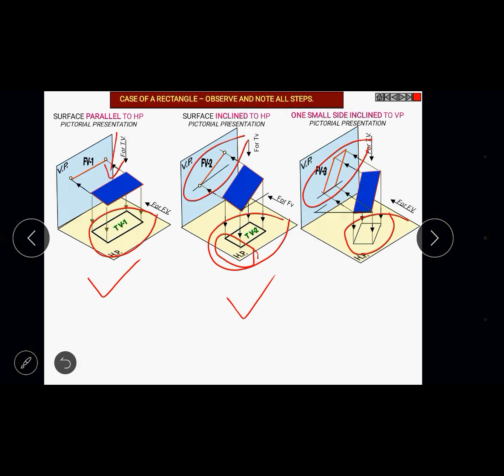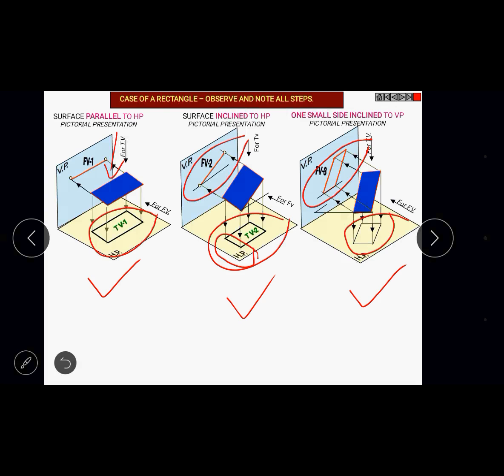In the third figure, the VP angle will be covered. The shorter edge of the rectangle on which it was resting is tilted to some VP angle. So in the third step, both VP angle and HP angle are covered, and both the top view and front view will be irregular shaped.